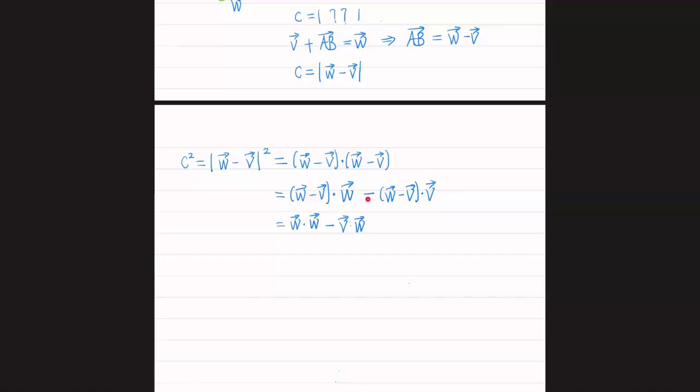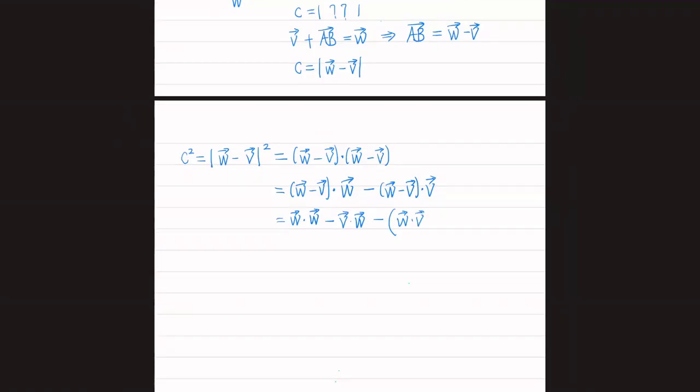For this one, minus sign, distribute v to w. Oh, mistake, it should be v. Distribute v to v. Okay, now let's see. A vector dot product with itself.